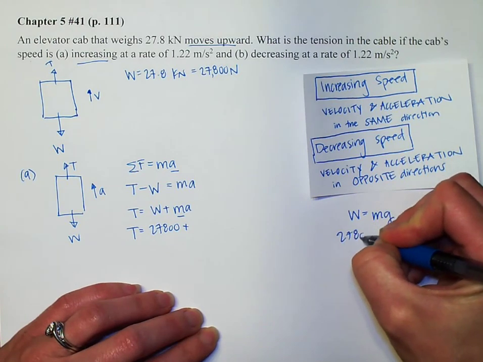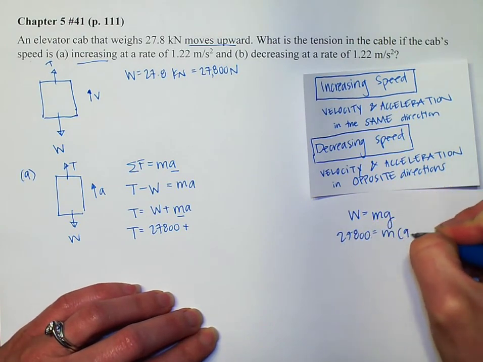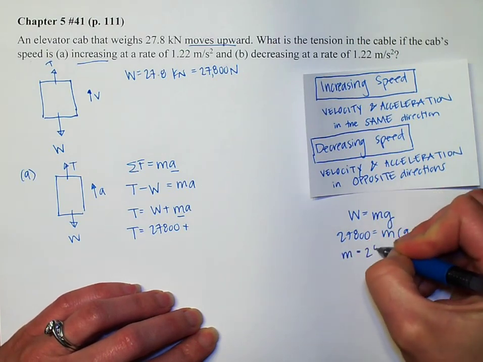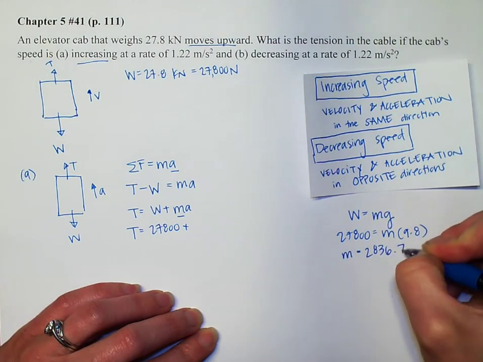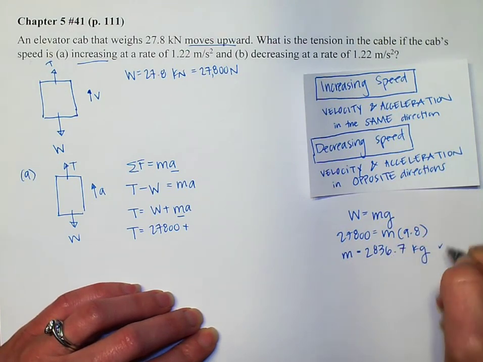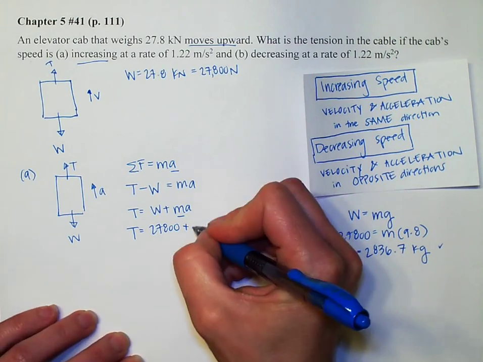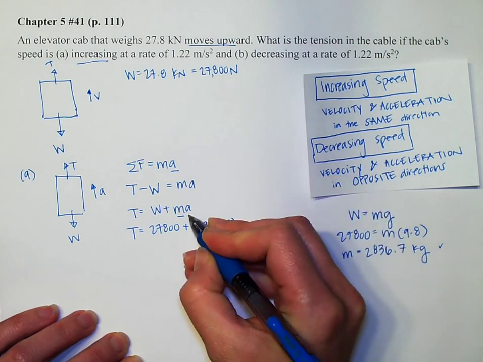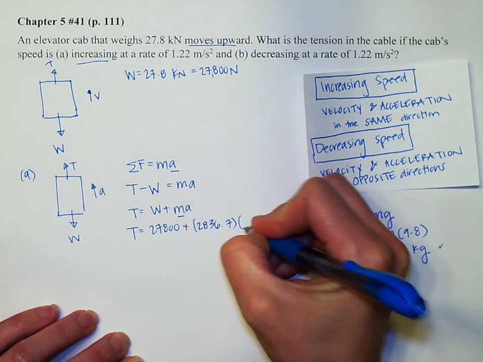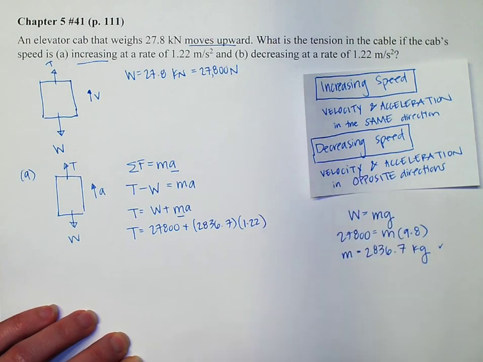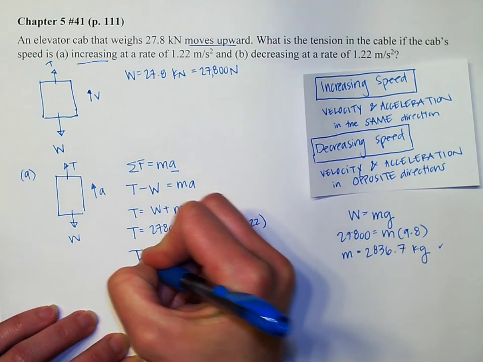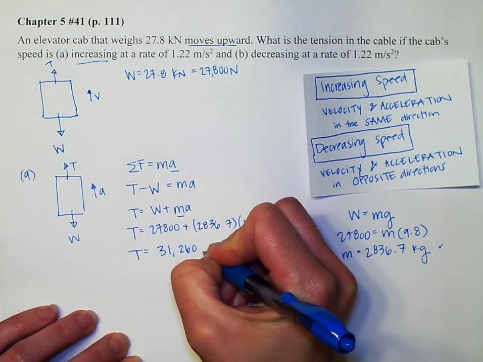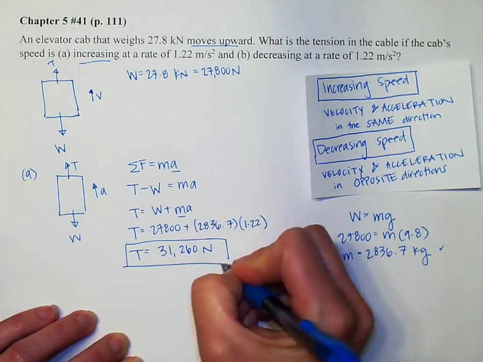So I have 27,800 equals my mass times 9.8, which tells us that our mass is 2836.7 kilograms. Cool. So I'm going to put this back over here for my mass: 2836.7 times our acceleration. And we are told that the acceleration is 1.22 meters per second squared. So with this information, we find out for part A that our tension is 31,260 newtons.